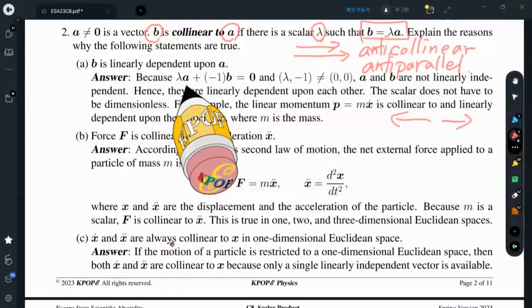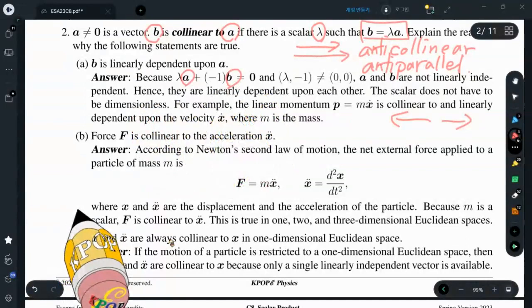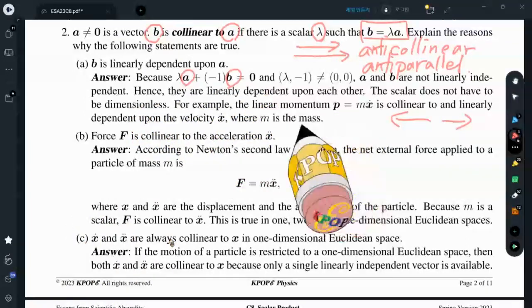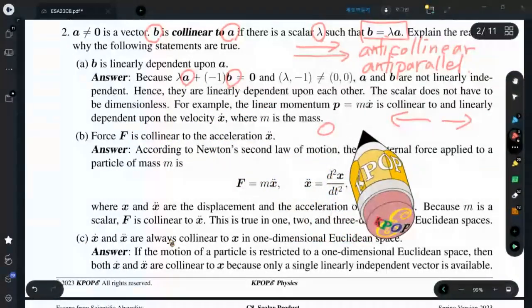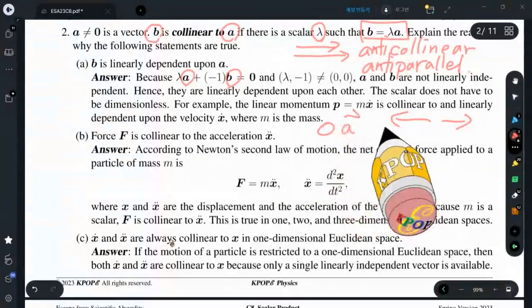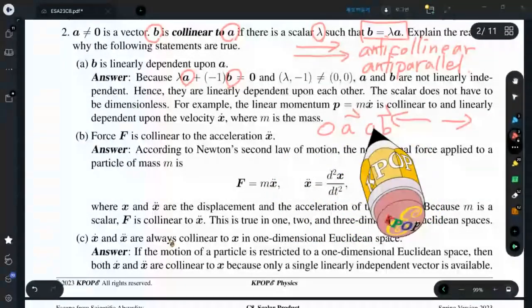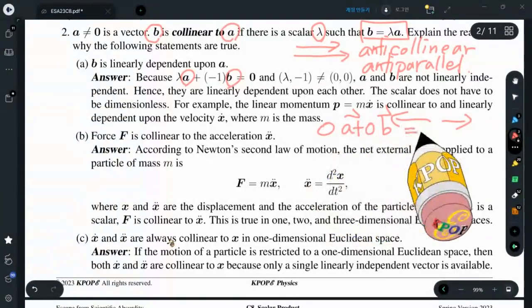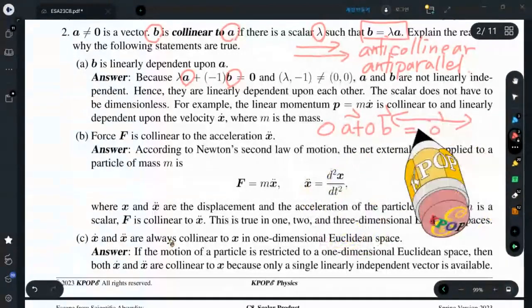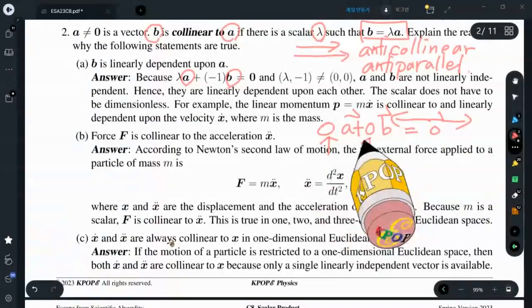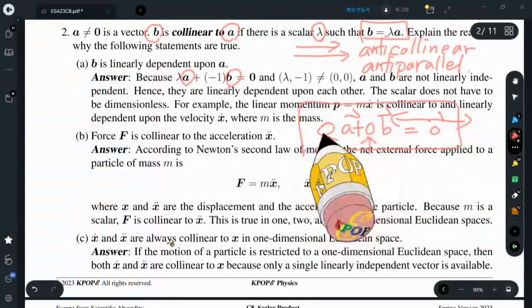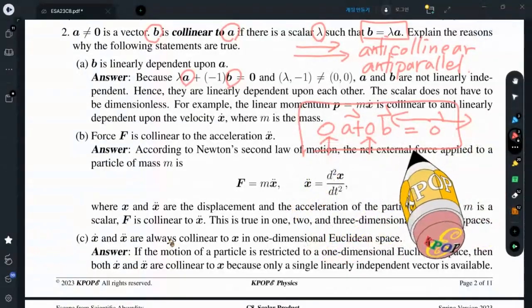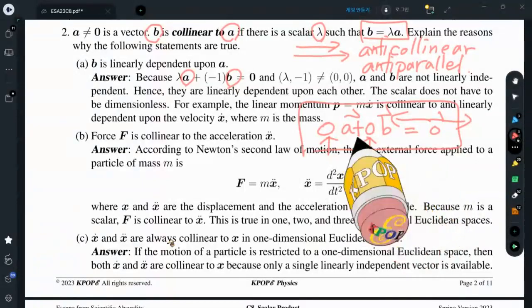In general, any two vectors are called linearly independent only if the coefficients of the two must be 0 when we add them up to get 0. This is the only solution. In that case, we say they are linearly independent.